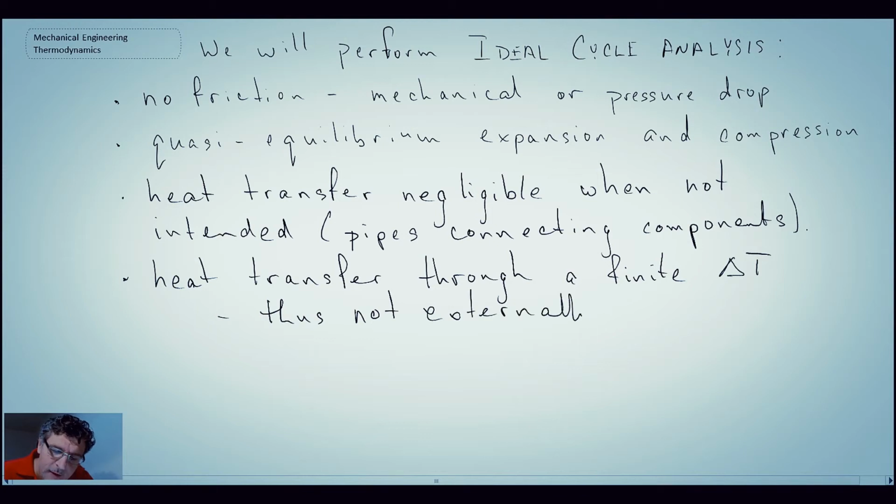In order to have it externally reversible, we would have to have heat transfer through an infinitesimal delta T, which we said is really not practical for real engines or any kind of cycle that we study. Okay, so those are the things of the ideal cycle analysis.